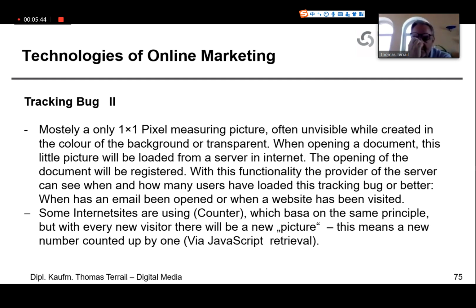It's counting 1, 2, 3, and so on, so you can see the interest in this product. It's based on the same principle, but with every new visitor there will be a new picture, which means a new number counted up by 1. This is an example. Because it's JavaScript retrieval.